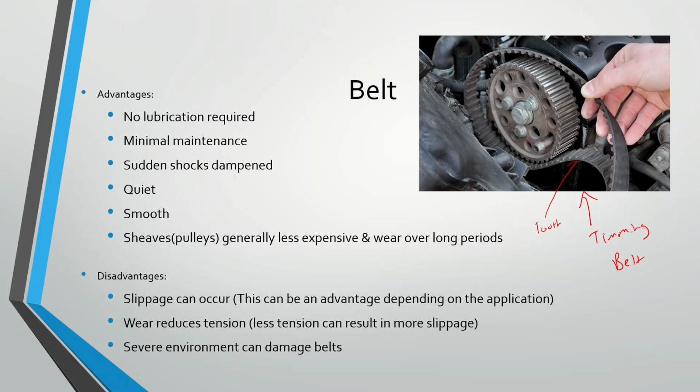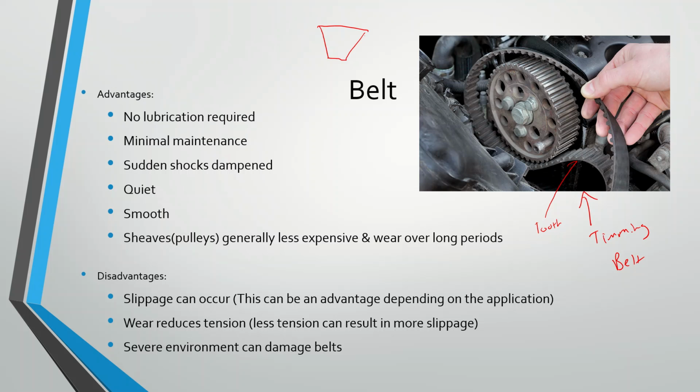A V belt is a little different. A V belt is actually not quite that much of a V. It actually makes a pattern, something like that. A V belt can be used, for example, on your pulley system for the fan in the front of your car.